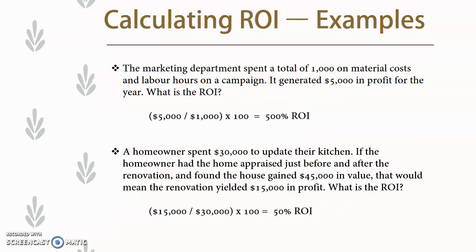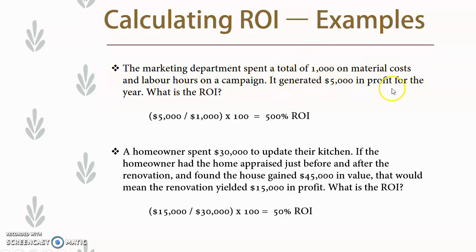The marketing department spent a total of $1,000 on material costs and labor hours on a campaign. It generated $5,000 in profit for the year. What is the ROI? This is your initial investment, $1,000, because you spent a total of $1,000 on material costs and labor hours on a campaign, and it generated $5,000 in profit.